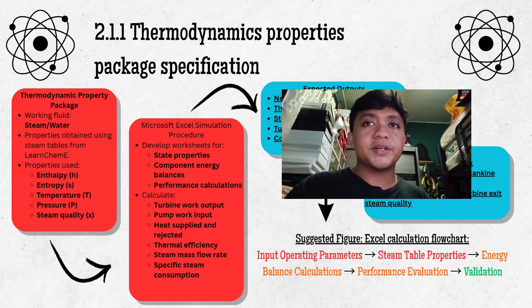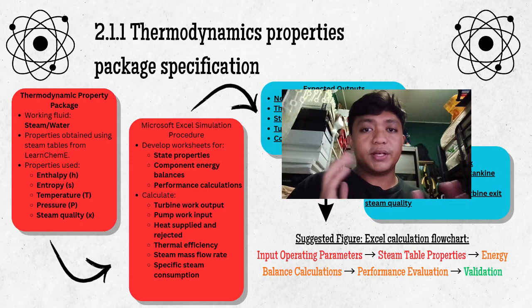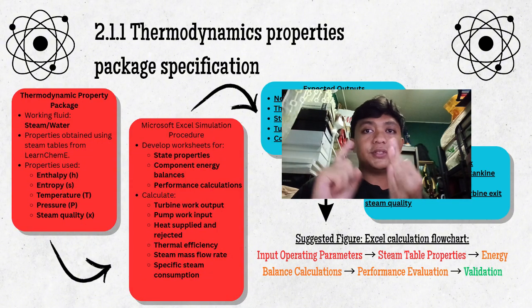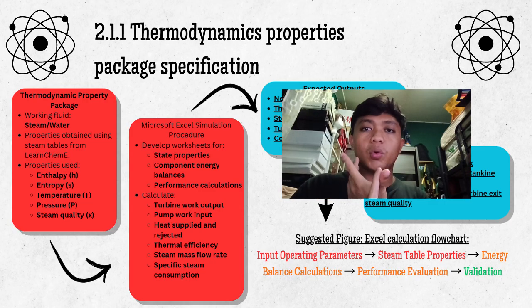For our thermodynamic property package specification, the working fluid is obviously steam or water. The properties are obtained using steam tables from LearnChemE, and the properties used are enthalpy, entropy, temperature, pressure, and steam quality. As for our programming, we use Microsoft Excel.